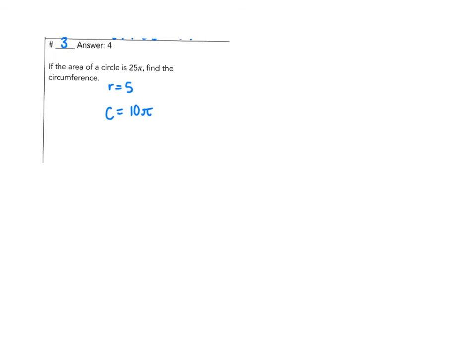So this one, Kat, is a little shorter. They want you to find the circumference if you know the area of the circle. So we know that the formula for area is that area is equal to pi times r squared, right? And they gave us the area. It's 25 pi. So 25 pi is equal to pi times r squared. Well, I can just cancel the pi's out on both sides, or you can think of it as dividing, if that helps.